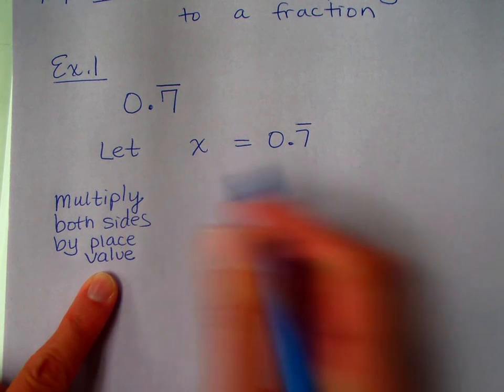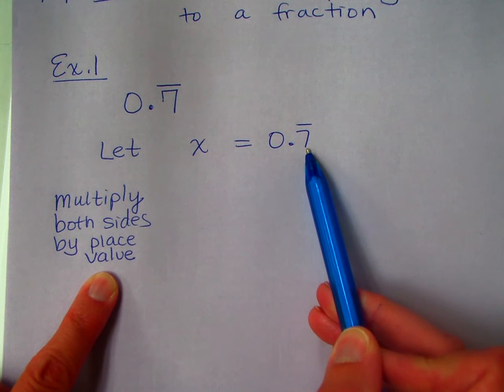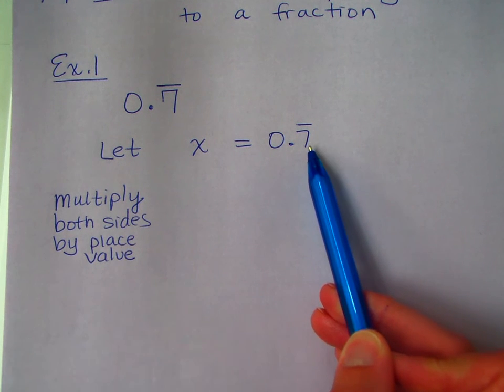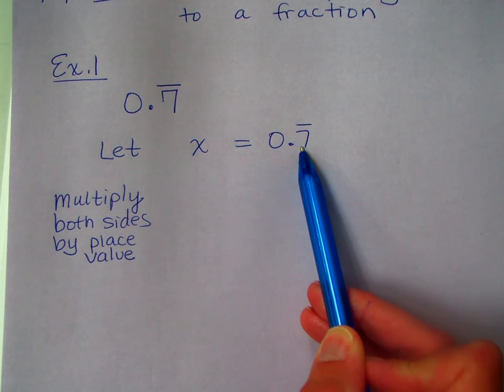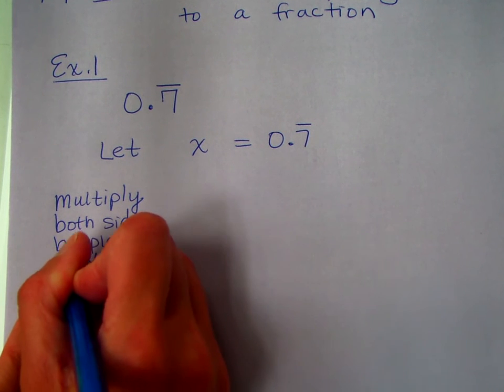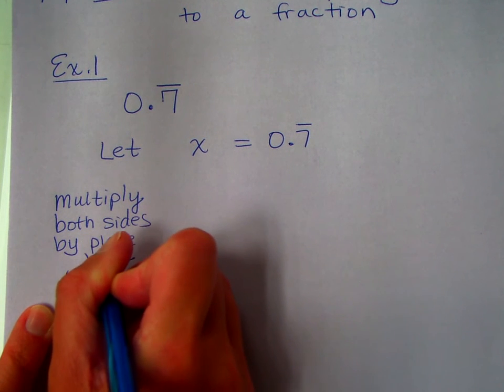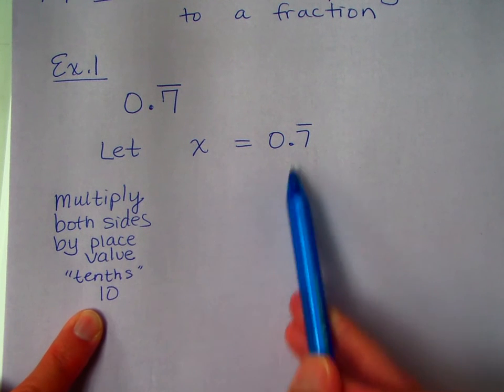Okay, and what place value does this repeating go out to? Just one digit is repeating, so we're in the what place? The tenths, right? So since we're in the tenths place, we're going to multiply both sides by 10.